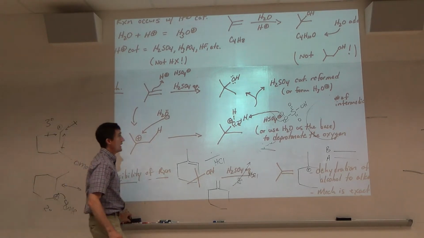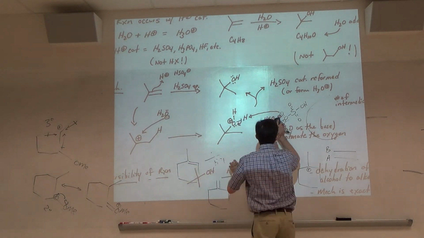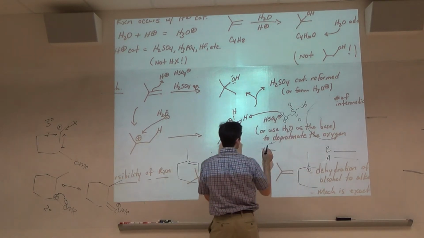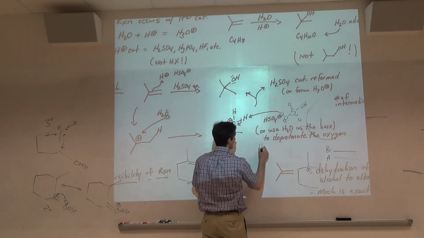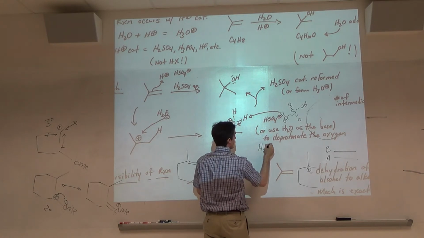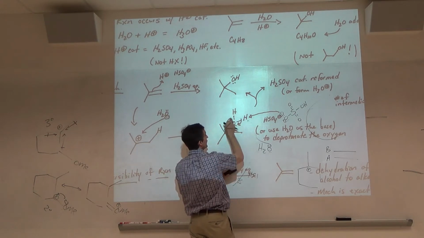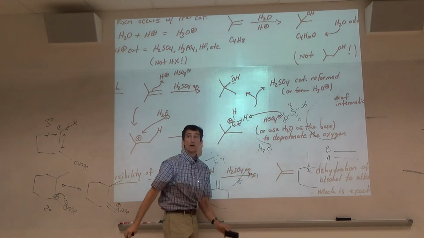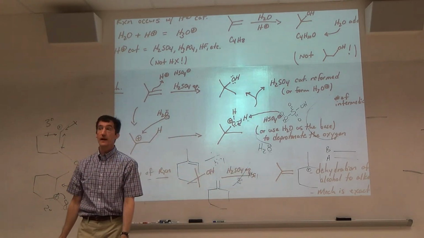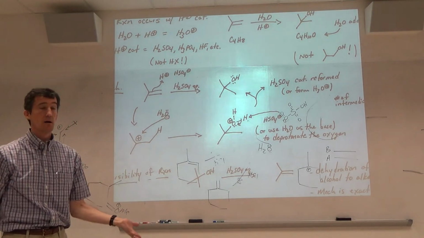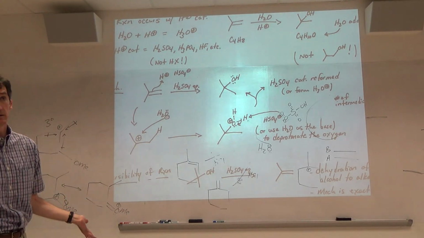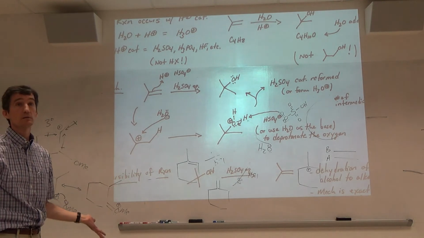Now, strictly speaking, you could use water to take the H, and if water took the H, you would form the alcohol plus what? H3O plus. But that's how sulfuric acid exists anyway. Sulfuric acid is H3O plus.